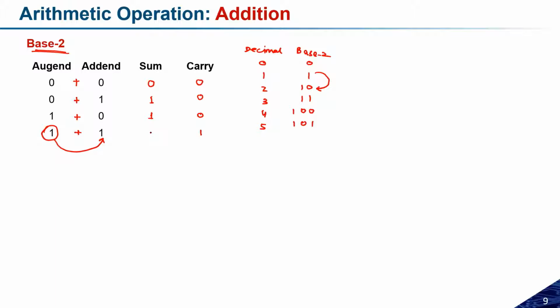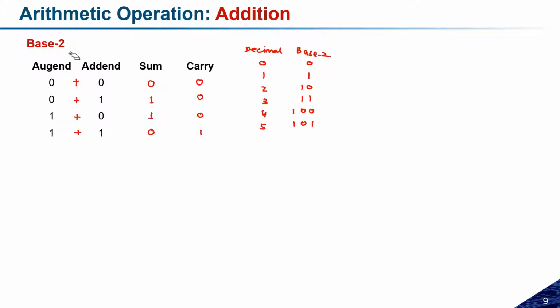That carry is 1 and the sum becomes 0. So this is how we consider the arithmetical operation in the binary number system. Is there any doubt? If there is no doubt, we can move ahead. This is simply how we are incrementing and what number we are getting, and based on that we can write like this.